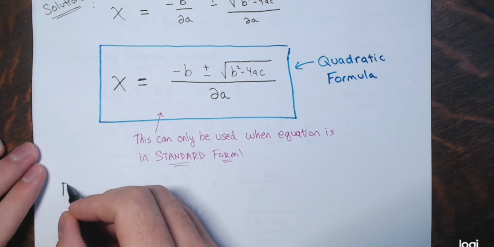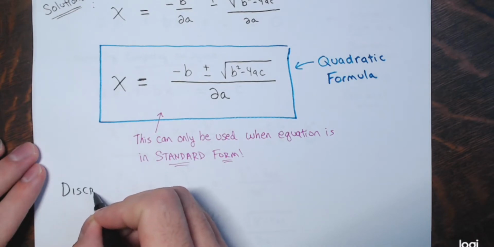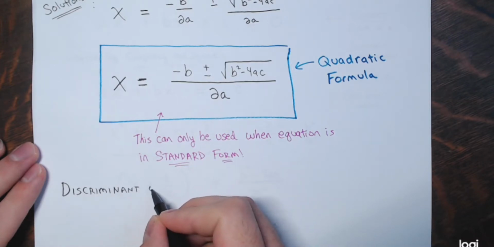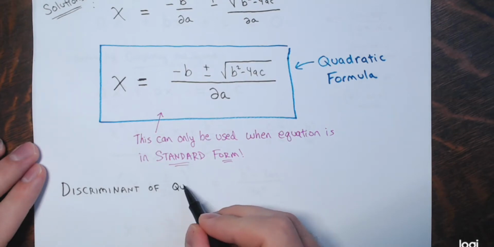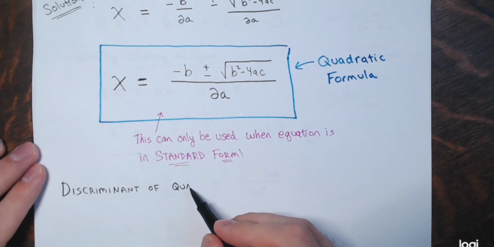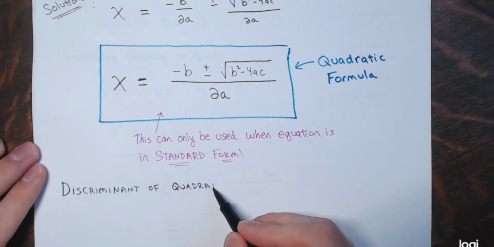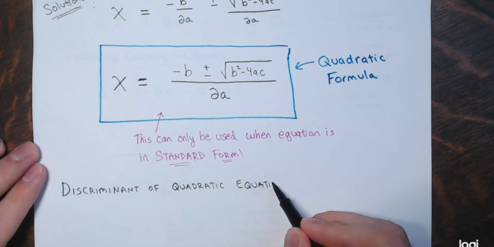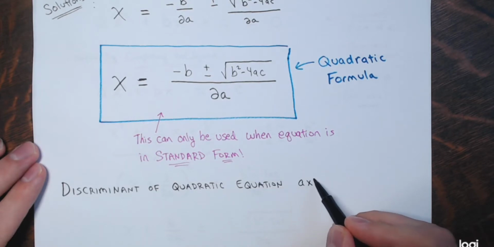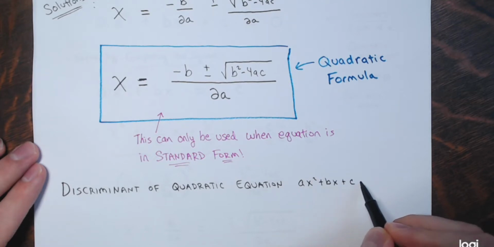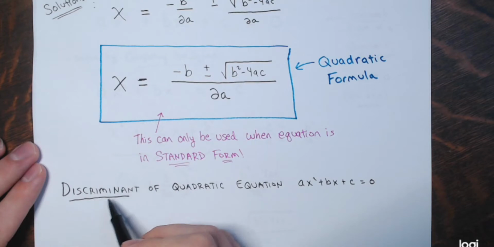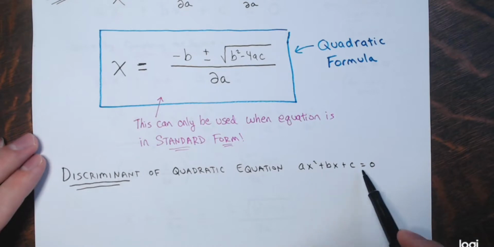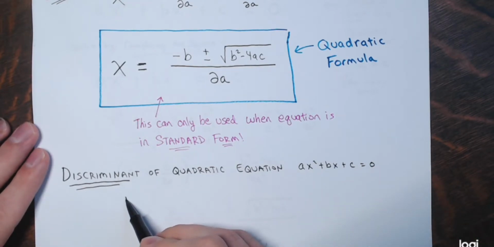So the discriminant of a quadratic equation in standard form, ax squared plus bx plus c equals 0. I'll call D for discriminant.